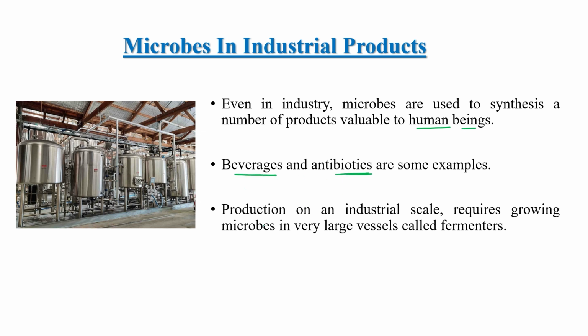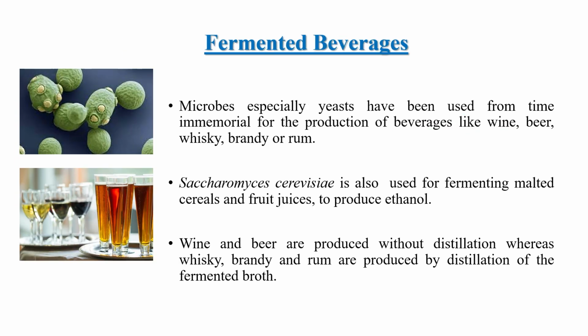Production on an industrial scale requires growing microbes in very large vessels. As you can see in this picture, these large vessels are known as fermenters. So on industrial scale, fermenters are used for the production of different kinds of beverages and various kinds of antibiotics.